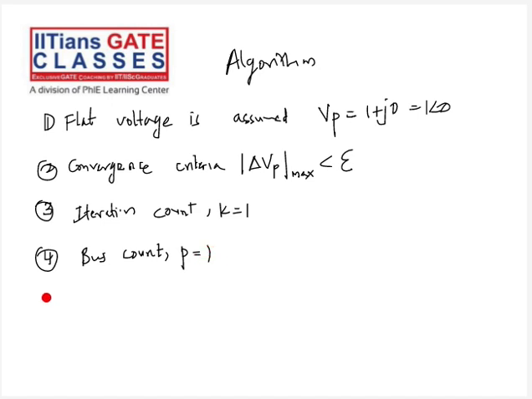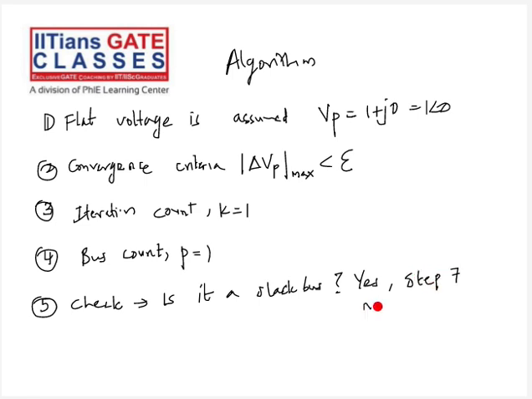Now we start the actual algorithm, right? So first, check: is it a slack bus? Right, we check if it is a slack bus. If yes, we go to step 7.